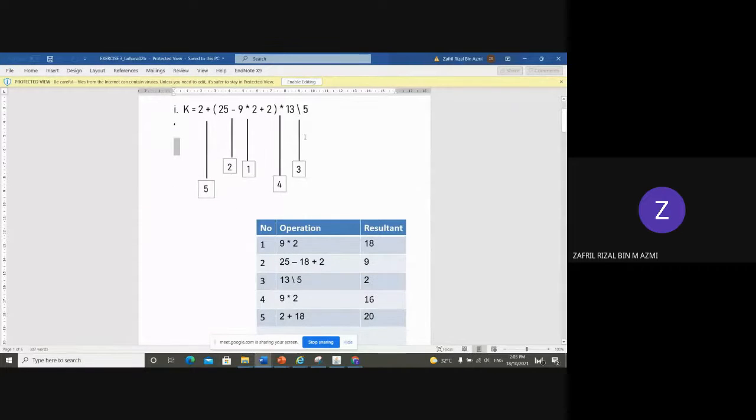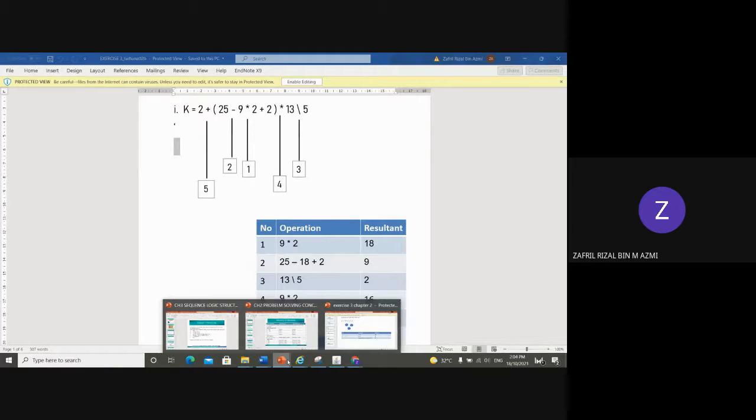First you need to draw each of the processes. Which process comes first? In this case the first process is number one, multiplication. This is because we refer back to, can you see my screen, class?